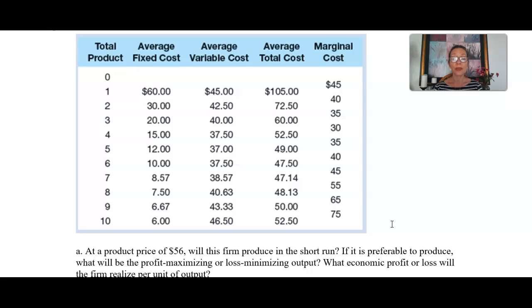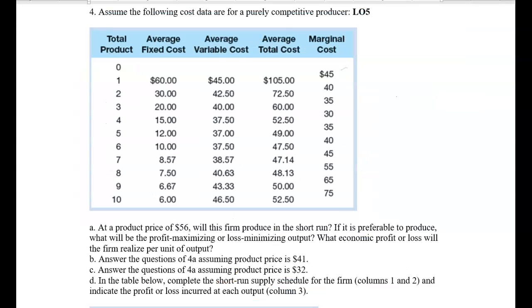Okay. So when they tell you that the price is $56 in this type of problem, under perfect competition, that $56 equals your marginal revenue. So what you're going to do is compare your marginal revenue of $56 per unit to your marginal cost.